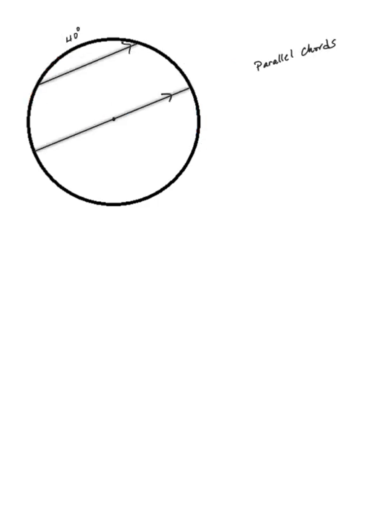Okay, taking a look at the last question, and then I'm going to review the previous lesson. In this picture, I have parallel chords. This is circle O. So when you have a chord that passes through the center, it is called the diameter. Okay, so this is a diameter AB.